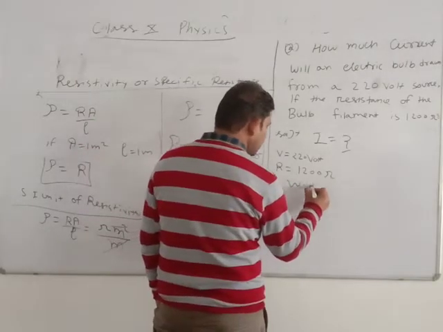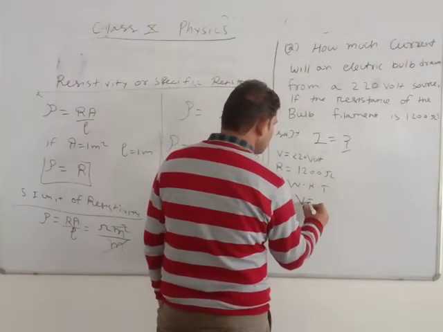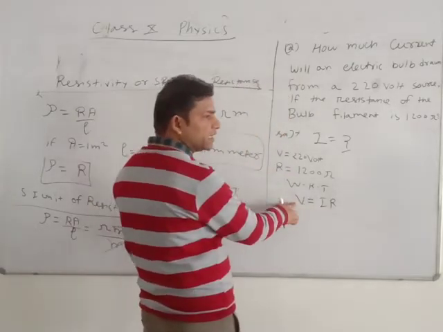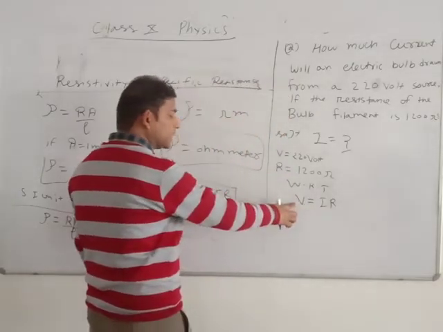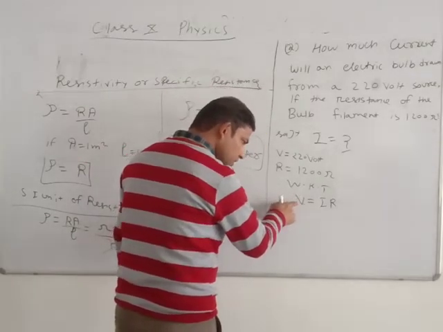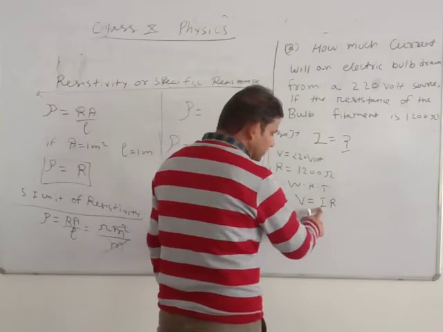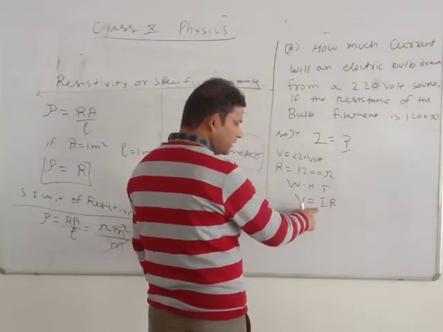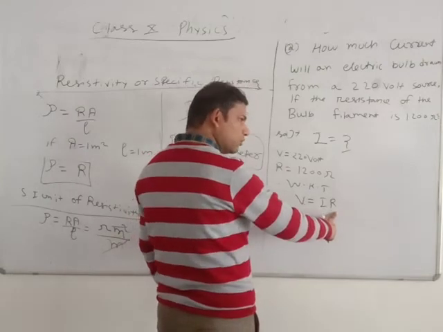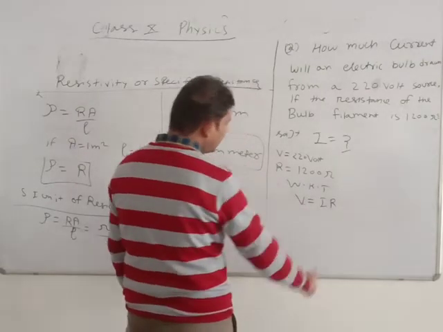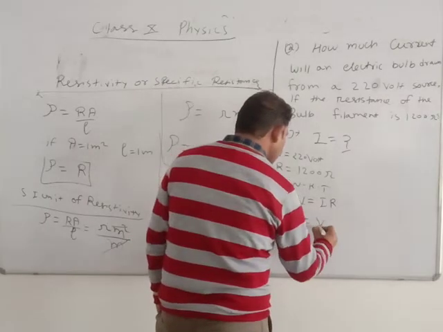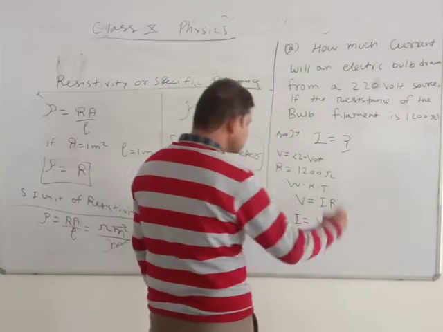We know Ohm's law, V equals IR, where V is potential difference, the other name of potential difference is voltage, and the SI unit is volt. The SI unit of current is ampere, and current is denoted by I. The SI unit of resistance is ohm, and resistance is denoted by R. So we can find the value of I. I equals V upon R is the formula.